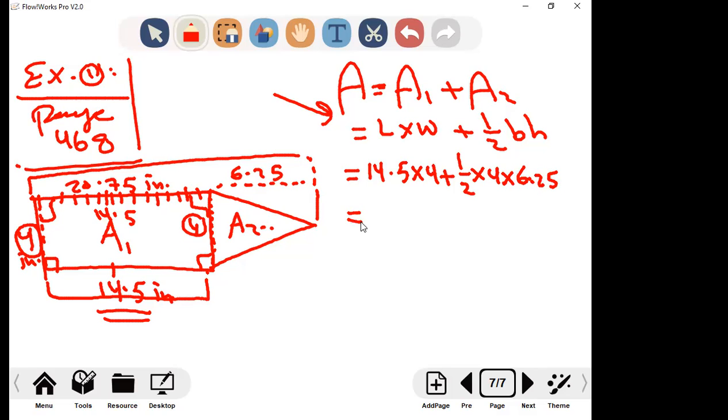Answer will be 20.5 and the unit is what? Square inches. Is this clear? We know how to multiply decimals, to add decimals, divide whole numbers with decimals. You know that, right? Good boys. Yes, Rayyan.